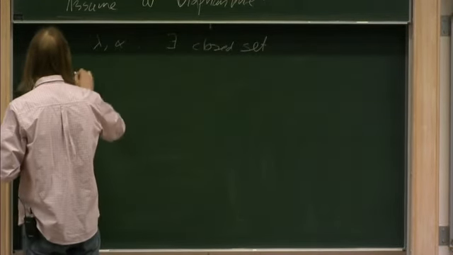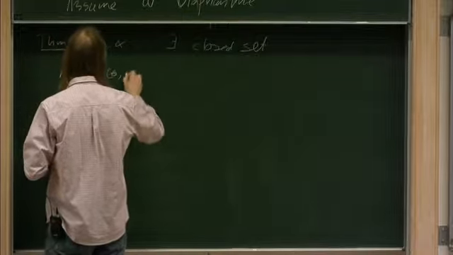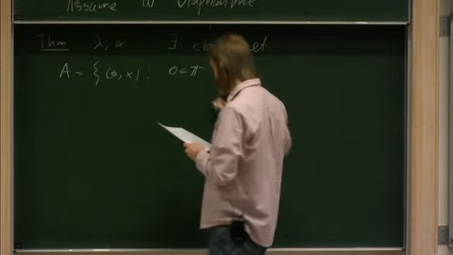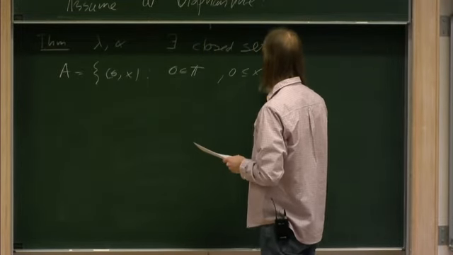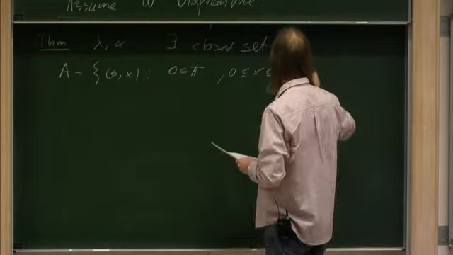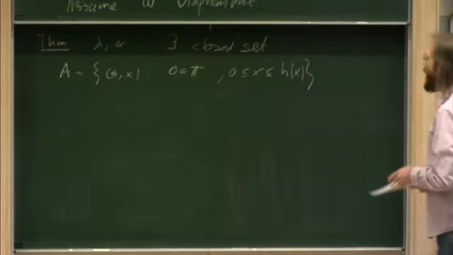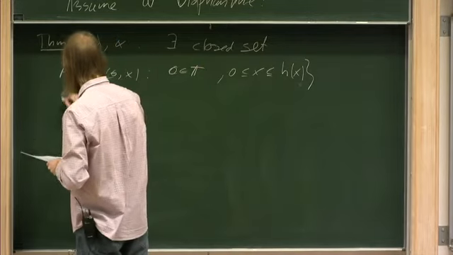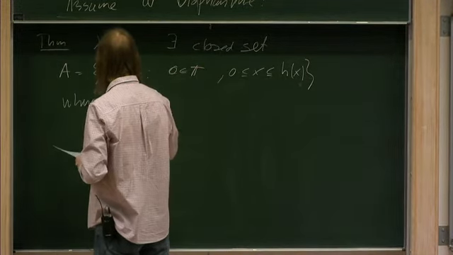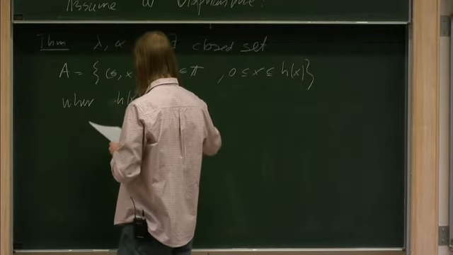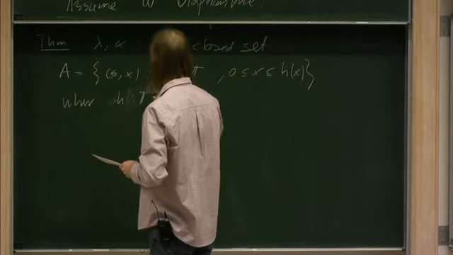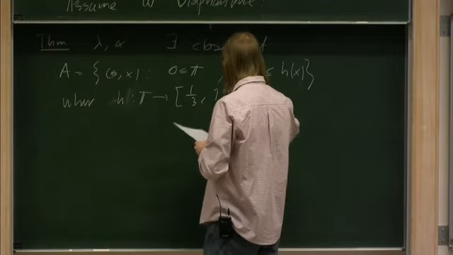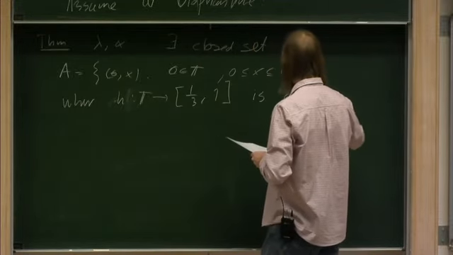So A is the set of theta and x such that theta is in the circle and x is between 0 and a function h of x, where h is a function to [1/3, 1] and is continuous.